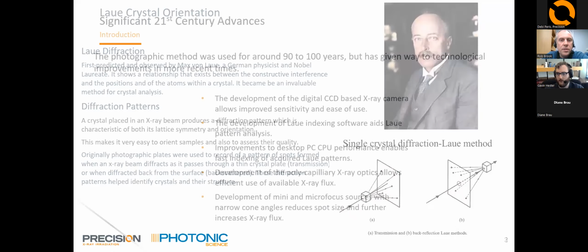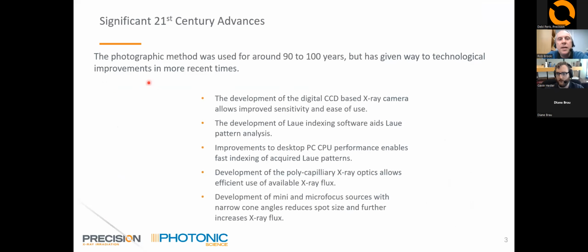As I say, this method has been used for quite a long time, but more recent improvements this century have moved things on quite a bit. The development of the digital camera, CCD-based X-ray cameras, allows improved sensitivity and ease of use. You don't need to use photographic film anymore.